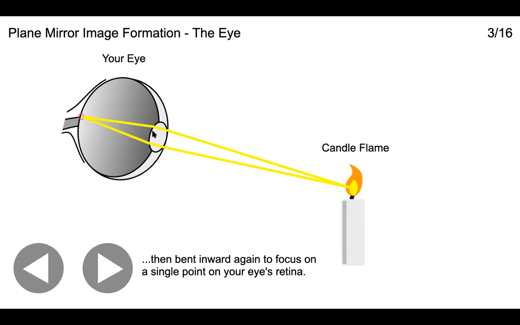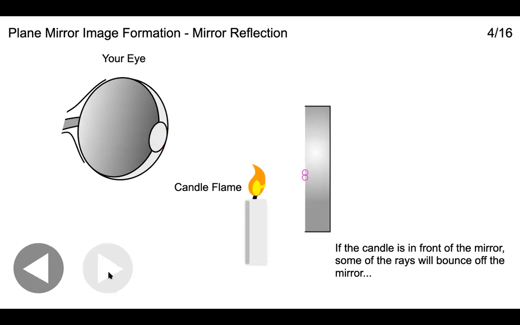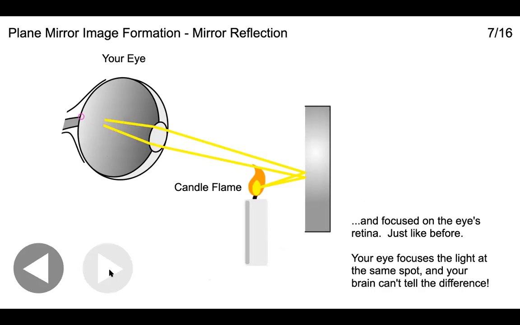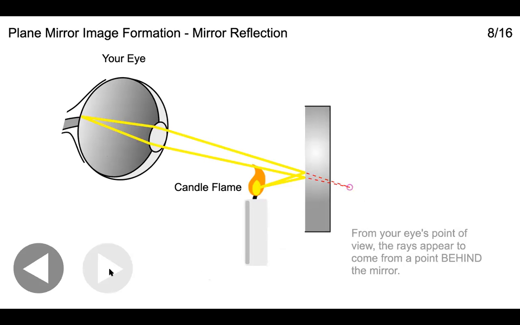We'll talk about the lens in your eye when we get to lenses. But here is the idea: angle of incidence equals angle of reflection. So the light leaves, bounces off of the mirror, and goes to your eye.